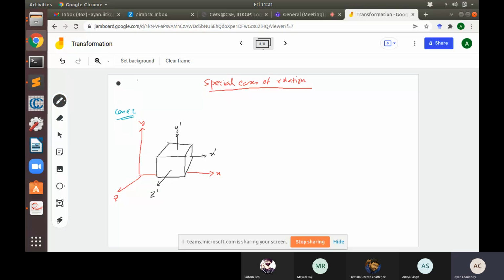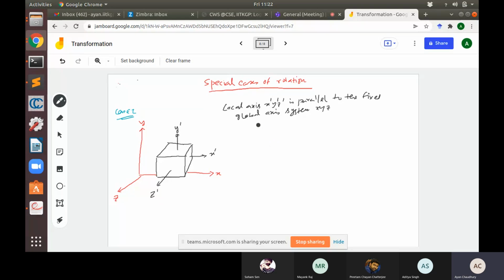So that means a body with a local axis x prime, y prime, z prime is parallel to the fixed global axis system x, y, z.